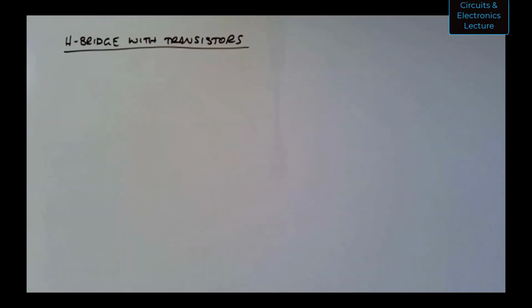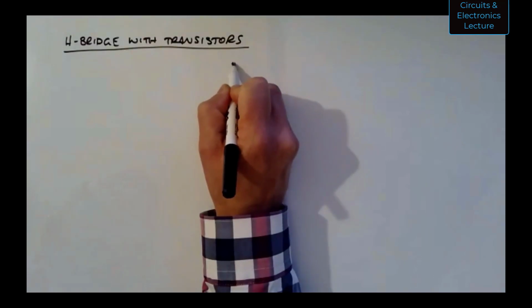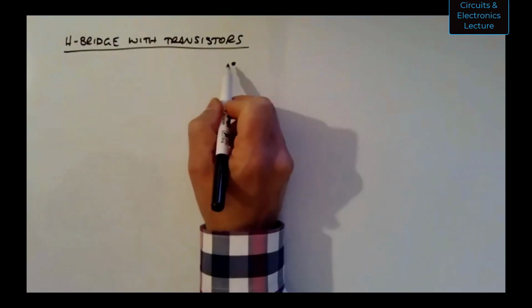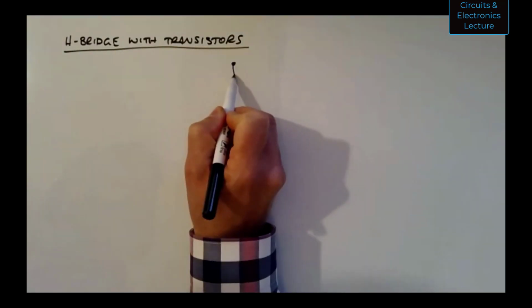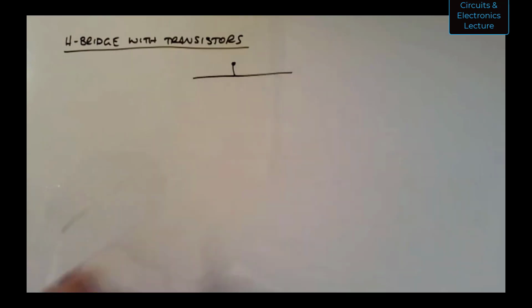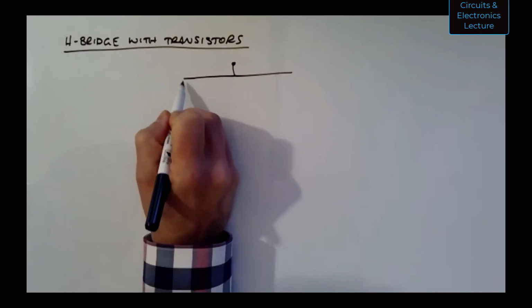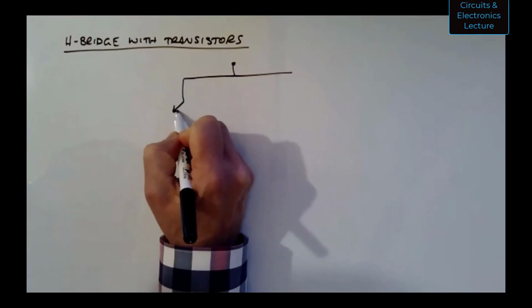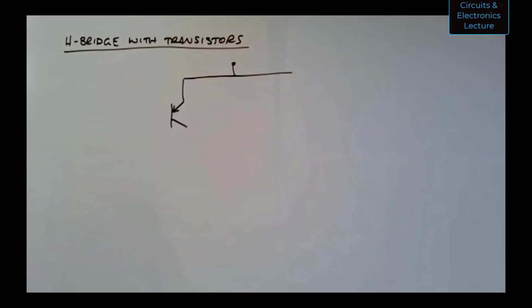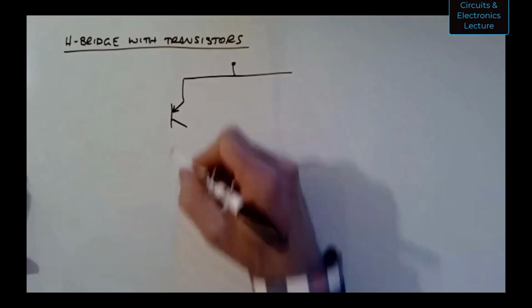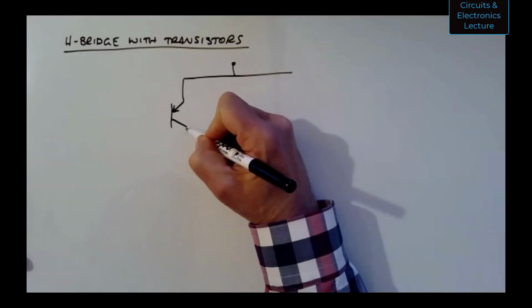What you would likely do is use some electronics means like a set of transistors, or maybe a specialized chip that would do that. But let's draw out this H-bridge in a way where you could just use transistors. So I'm going to draw a different kind of transistor here in the upper left and the upper right. I'll talk about those in a minute.